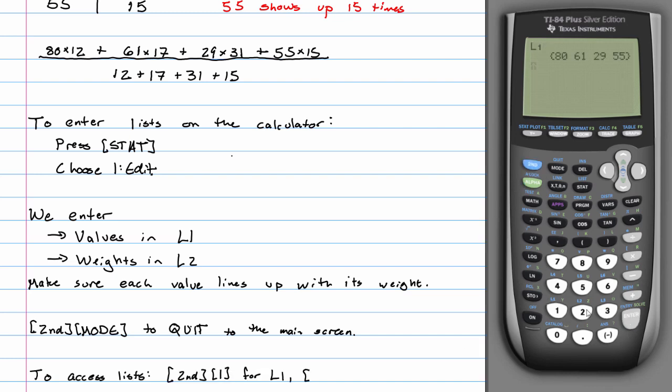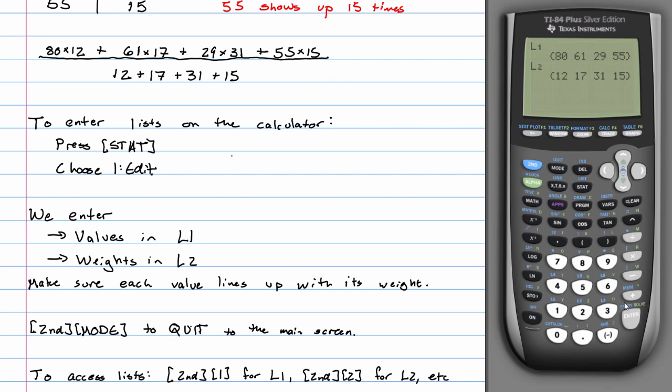If I press second 2, I get L2, and so on. In this problem, I'm only using L1 and L2. If you had data in your L1 and L2 that you wanted to keep, you could use any other lists. Just whenever I talk about L1 and L2, use whichever lists you used. Okay, so notice when I enter those, I get just the list of numbers in these curly brackets, right?